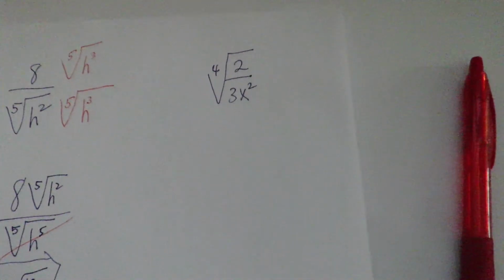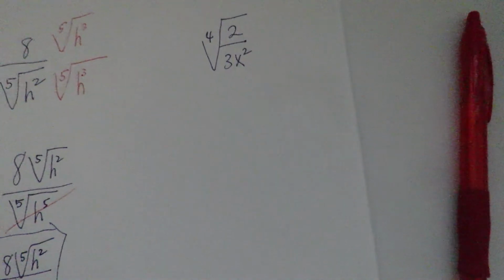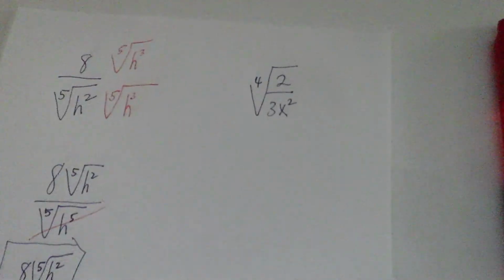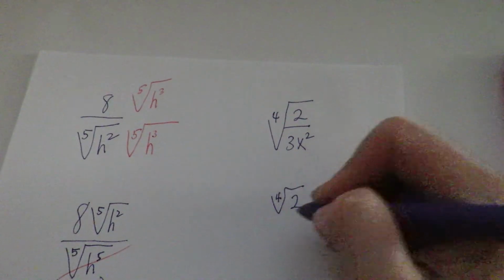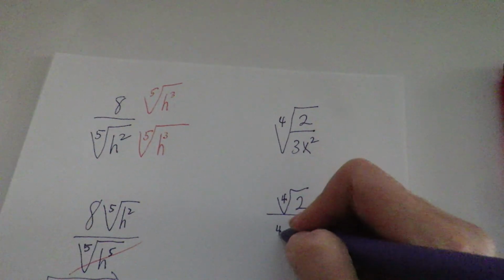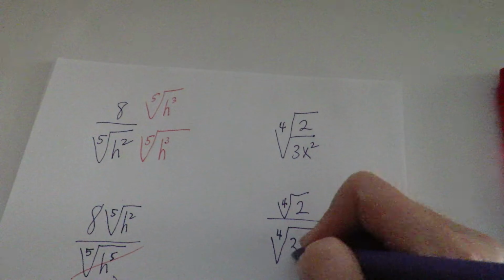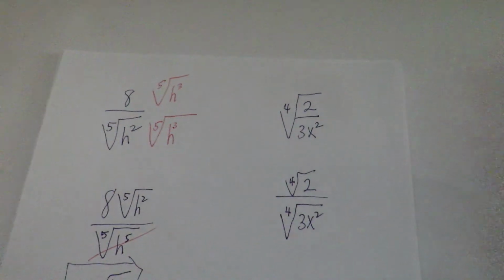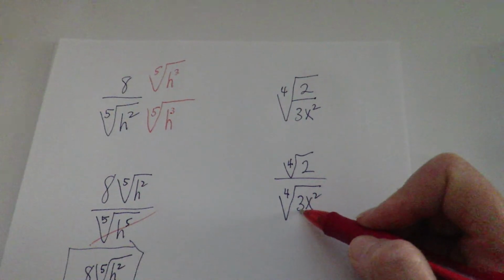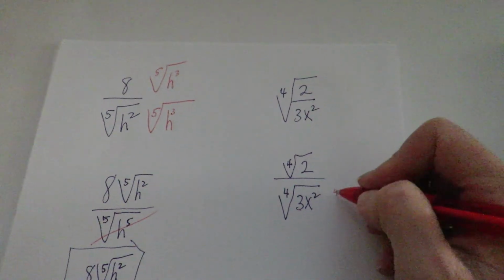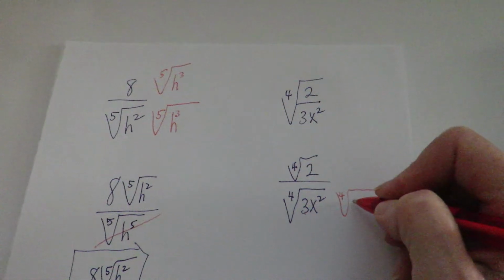Now sometimes you might have both coefficients and variables, and you got to fix both of them. So this is a 4th root, so we need 4 of everything. So right now we only have 1 3, but we need 4 3s. So we're short by 3 3s.